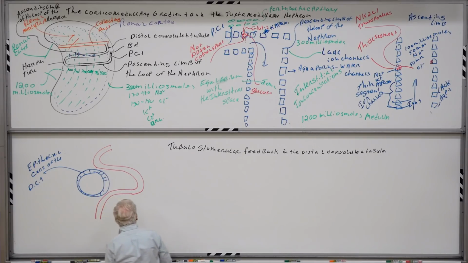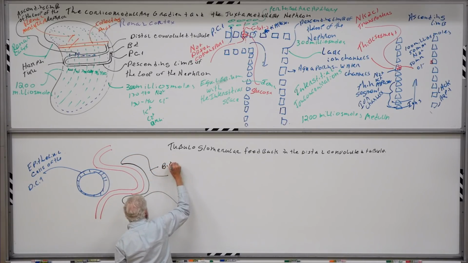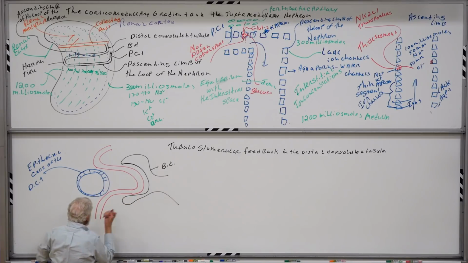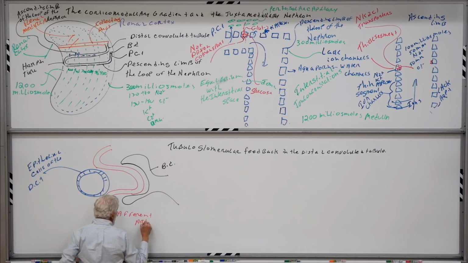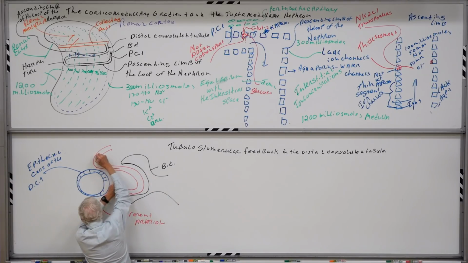So to remind you of this structure from yesterday, we're now up in the cortex. This is meant to be Bowman's capsule. This is meant to be the glomerular capillary. So the blood flow through here is through the afferent arteriole into the glomerular capillary and back out through the efferent.